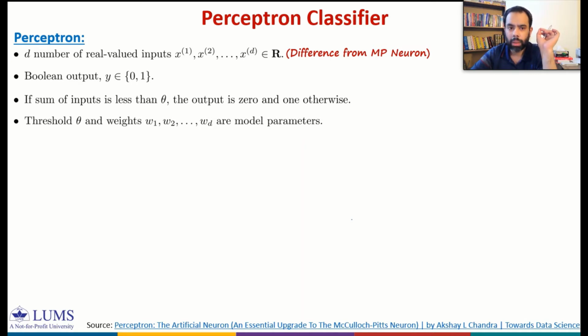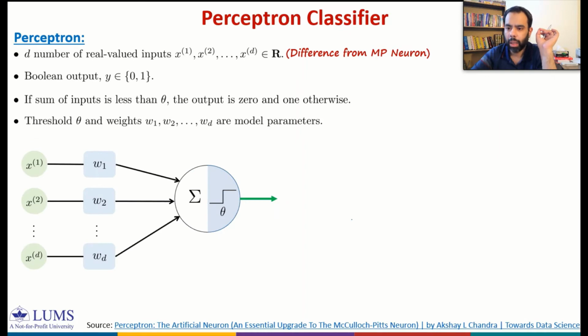So graphically, we can represent a perceptron in this form. We have d number of inputs which can be real valued. We multiply each input with a different weight, so x1 with w1, x2 with w2, and then we aggregate here, and aggregation is simply followed by thresholding.